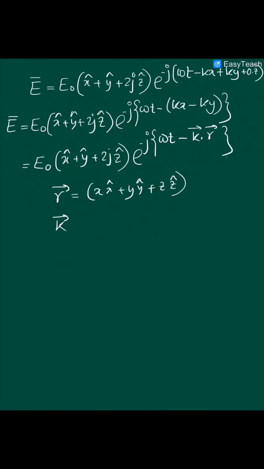Now if you consider a simple case, for example the wave is going in the z direction, and the power is flowing in the z direction, meaning the direction of the electromagnetic wave is the z direction. In that case your k will simply be beta into z cap. So k vector dot r vector will be simply beta z.